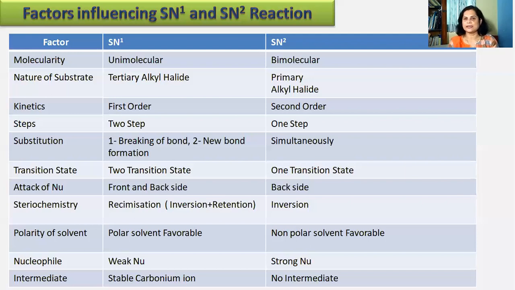Backside attack is very important in the SN2 reaction. 100% inversion takes place, and a non-polar solvent is also favorable for the SN2 mechanism. We require a strong nucleophile for the SN2 mechanism, and no intermediate is involved. So this is the comparison between the SN1 and SN2 mechanisms.